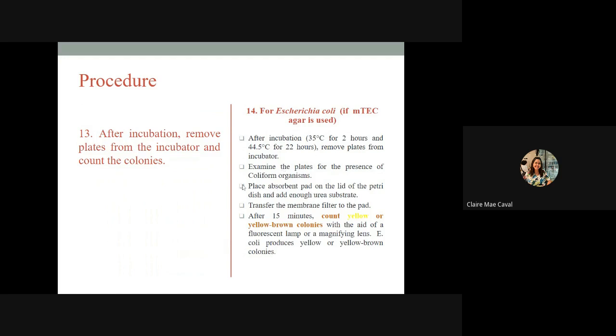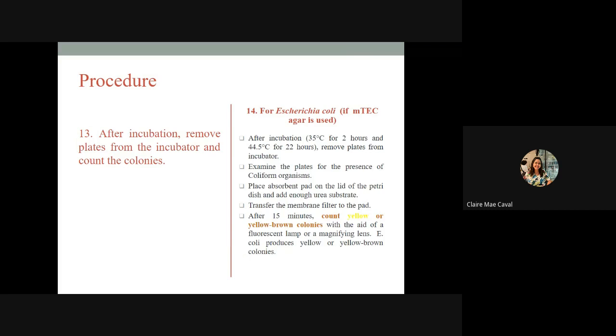Here is where the sterile absorbent pad that I mentioned earlier for E. coli detection is used. You place the absorbent pad on the lid of the Petri dish. So you open the Petri dish, with the absorbent pad on the lid, and then you add enough urea substrate to the culture media with the sterile membrane filter, enough to immerse it.